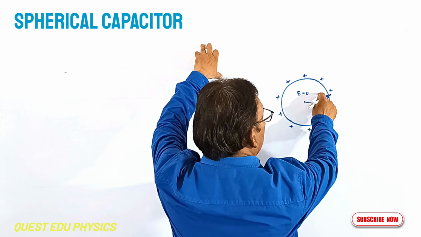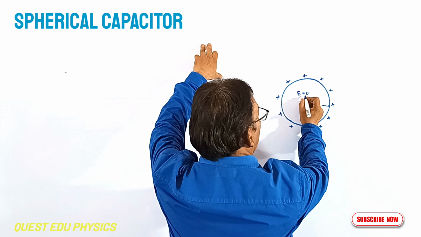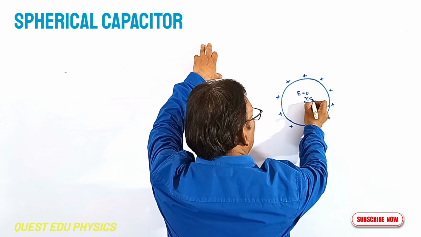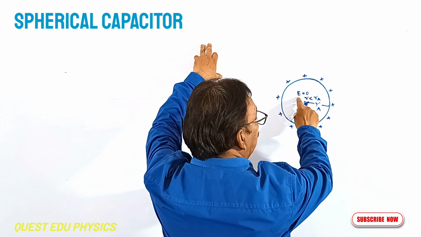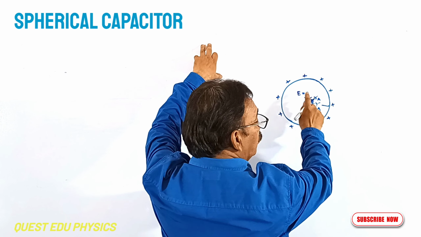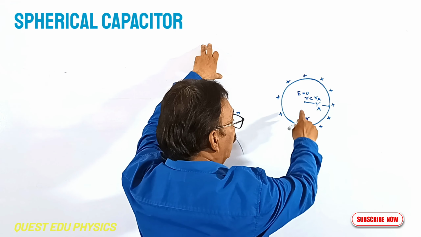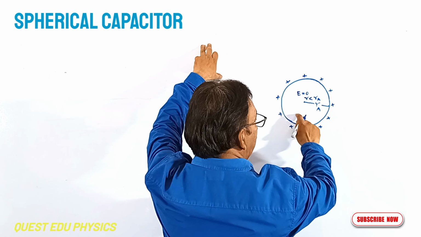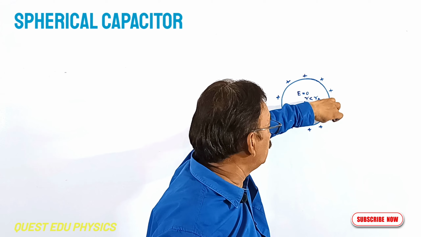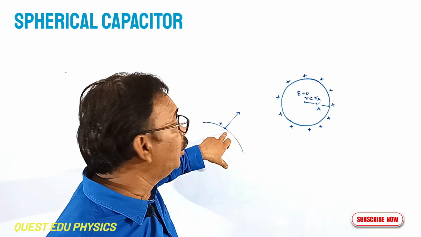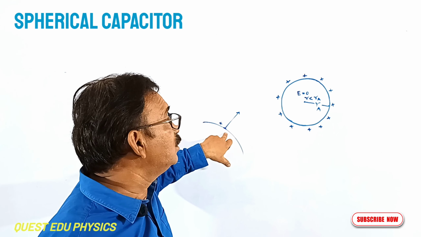Since the radius of this part is less than the radius of the sphere, the electric field inside is equal to zero. Do remember, the electric field due to this region is equal to zero. And this part is providing the electric field. I told you it will be radially outwards.